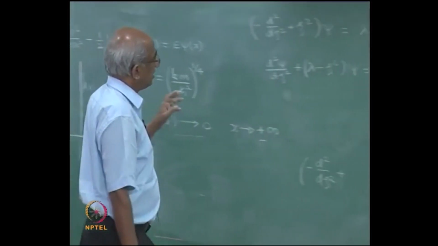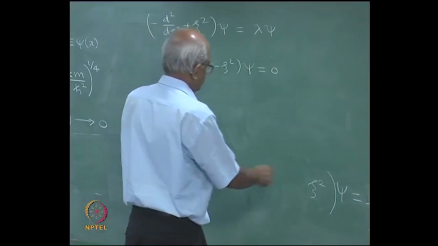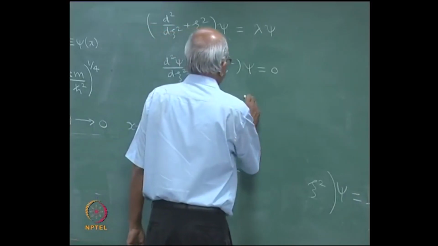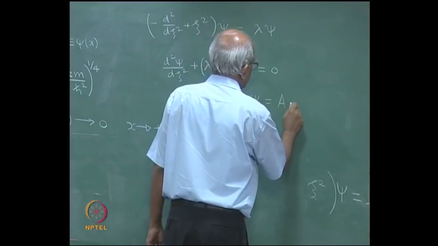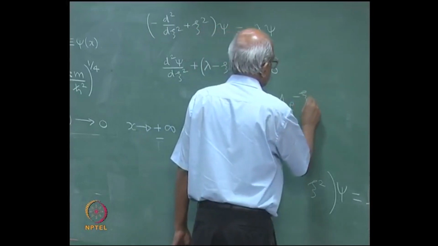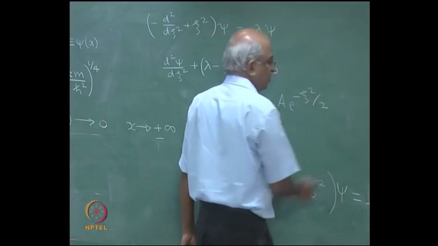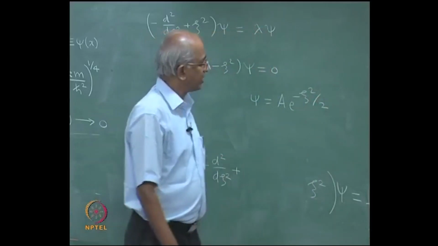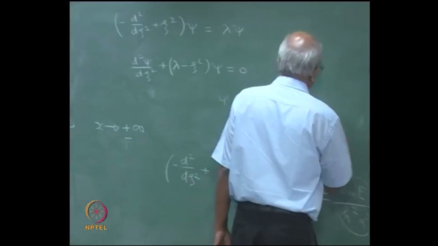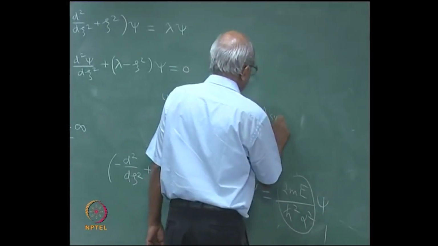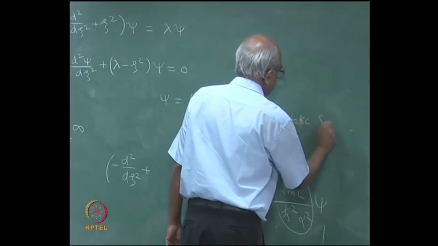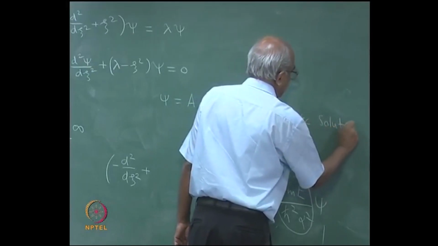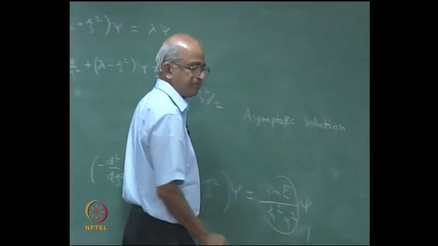Okay. So, we want to solve this equation, and now how do we solve this equation? Well, the way in which I am going to solve this equation is interesting. The first thing that I will do is I will claim that psi equal to any constant times e to the power of minus c square by 2 will be what I refer to as an asymptotic solution of the differential equation.